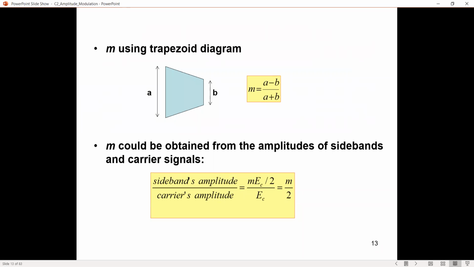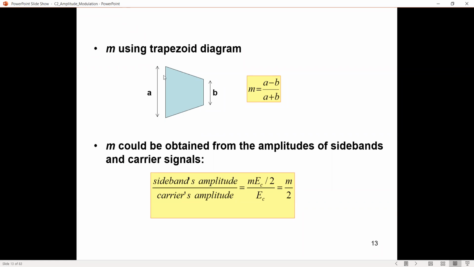We can also use a trapezoid diagram to calculate our M. I'm not sure whether you have already seen the basic communication laboratory, the AM experiment. If you did, there was a procedure where you calculate and analyze your waveform using an oscilloscope.